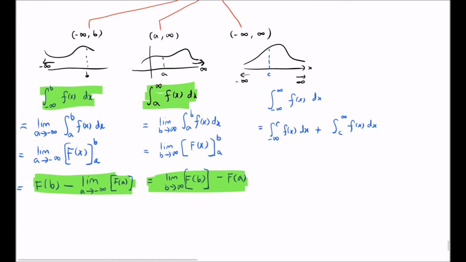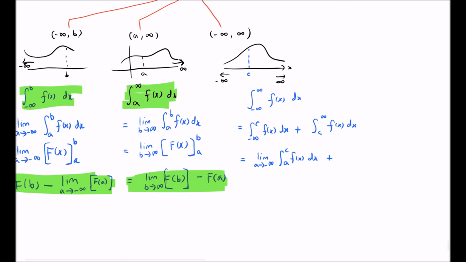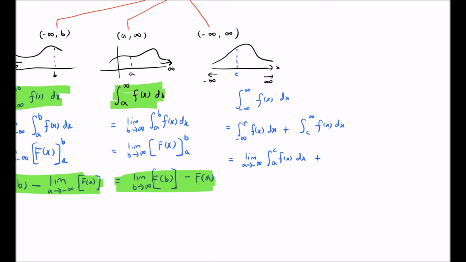Now we introduce our limit. Limit as a approaches minus infinity, integrate a to c of f(x) dx, plus limit as b approaches infinity, integrate c to b of f(x) dx.